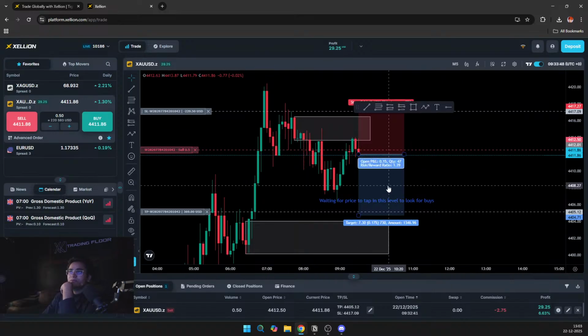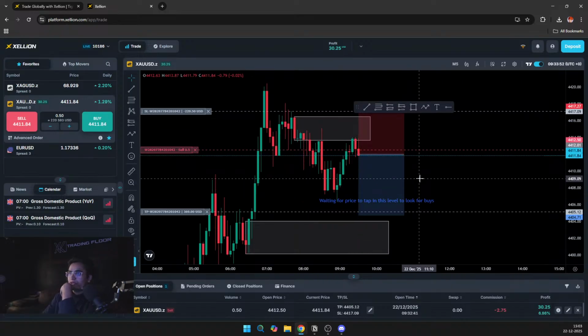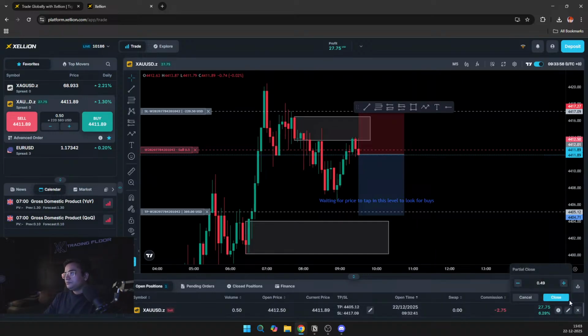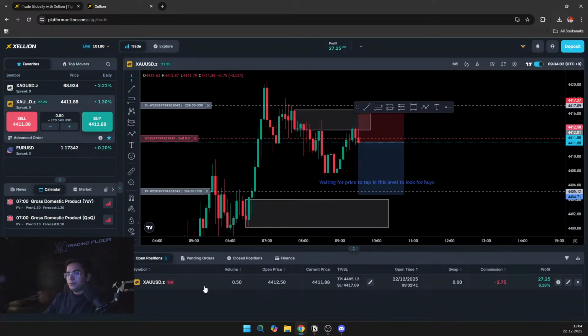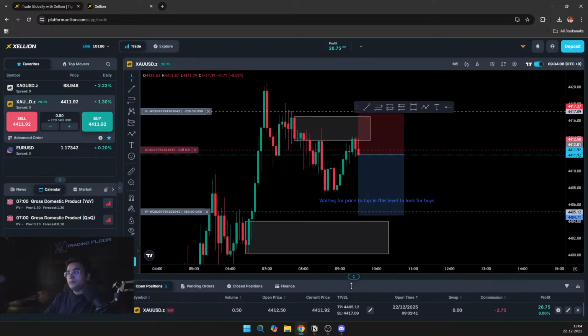I think even if we tap into this level, I'm going to close partials because we're still in a bullish trend. You can see here below my position is running.